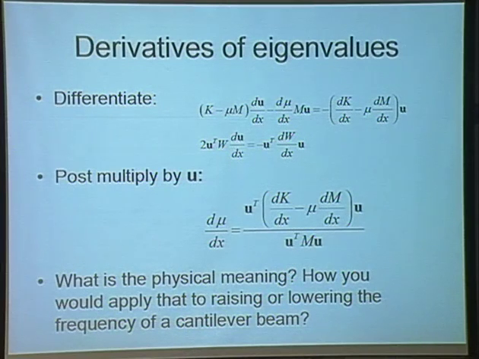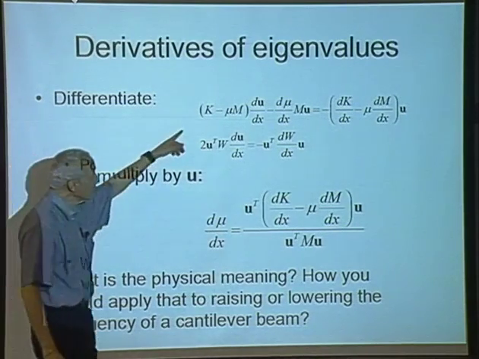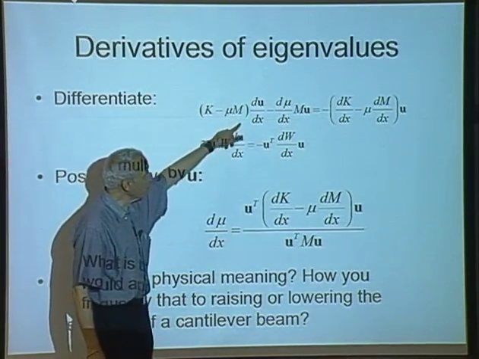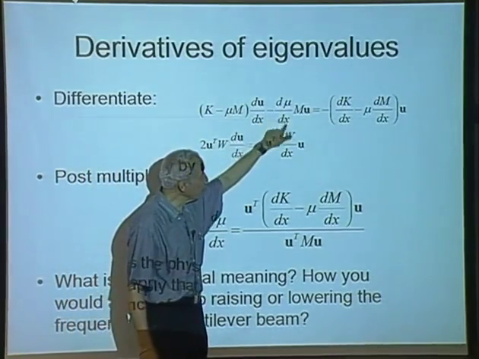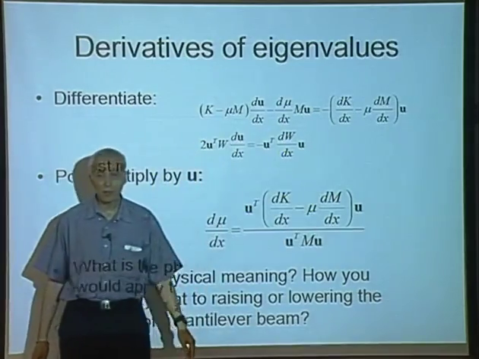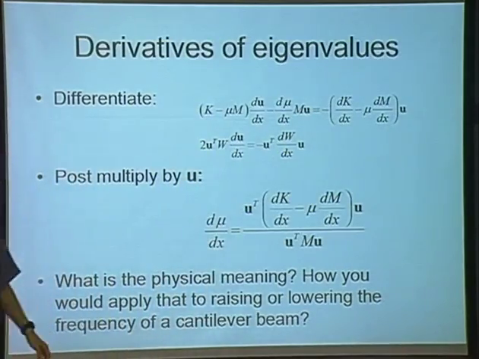Now let's look at the differentiation. What I did is I simply differentiated the eigenvalue equation, (K - μM) times u, which has this term. From differentiating that part, we got this term, and then we differentiate the matrices and put them on the right.